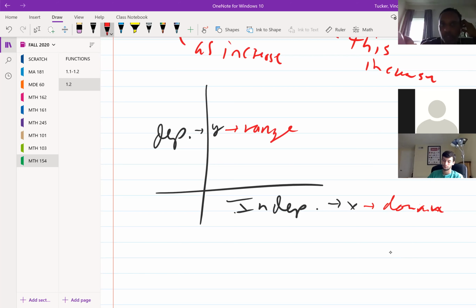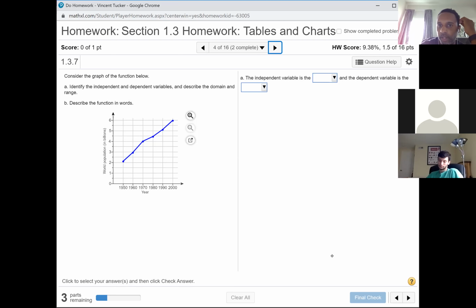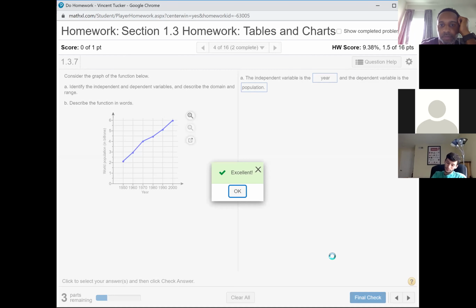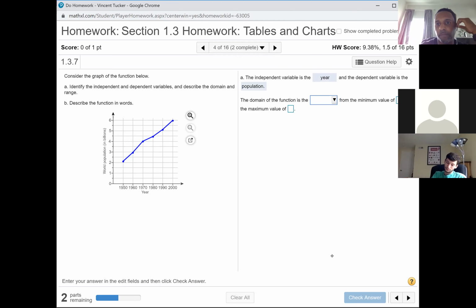All right, so let's go back to the problem. The independent variable is going to be year, because that's what's down on the horizontal axis. The dependent variable will be your population. Then it says the domain of the function is going to be the years.